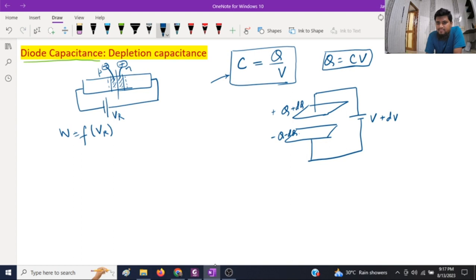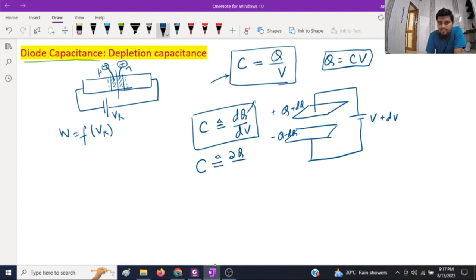So the capacitance of the system is defined as dq by dV. Okay. If let's assume q is dependent on many other factors, then the exact equation will be del q by del V. This is how the capacitance is defined.